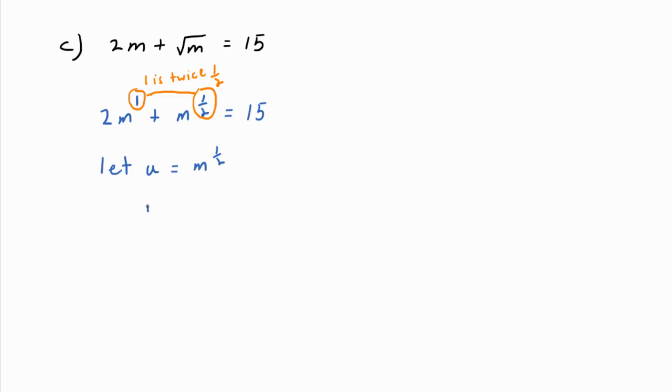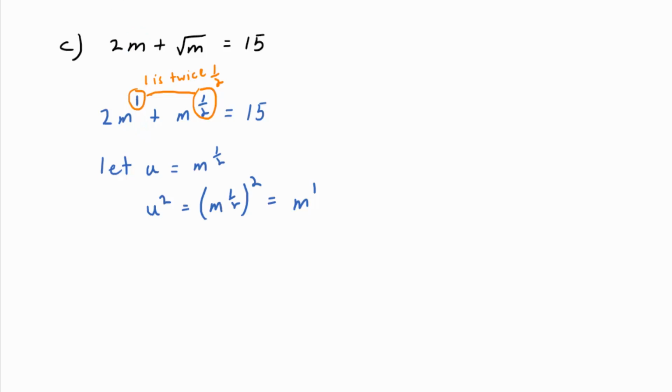Write it down. What happens when you square both sides of that little equation? Keep the base, multiply 1/2 times 2 is 1. You get m to the 1 power, which is that guy. So the substitution is going to work. It's going to become quadratic when you make that substitution.